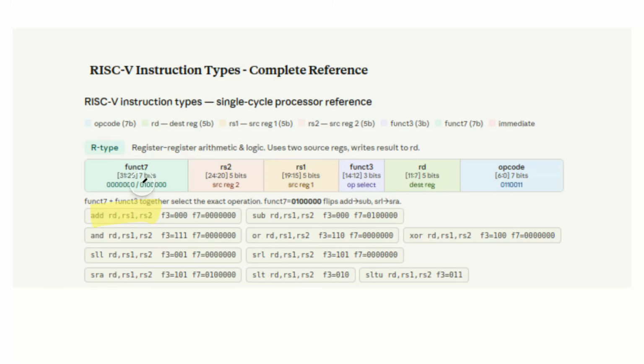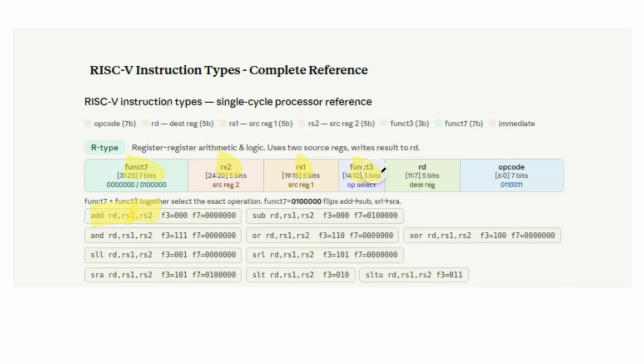This is the way in which you have to write the binary code. You need a function 7. I will say what function 7 and function 3 are. First, we know what RS2 and RS1 are. RS2 is this number here, which you have to represent in 5 bits. Now RS1 represents this number here in 5 bits. You have to write it here.